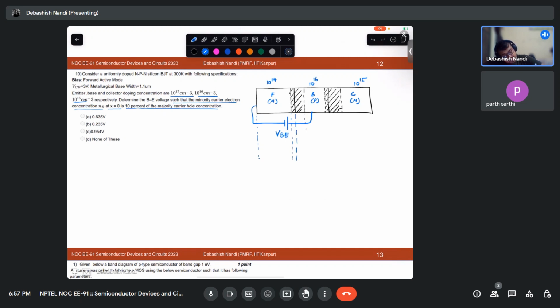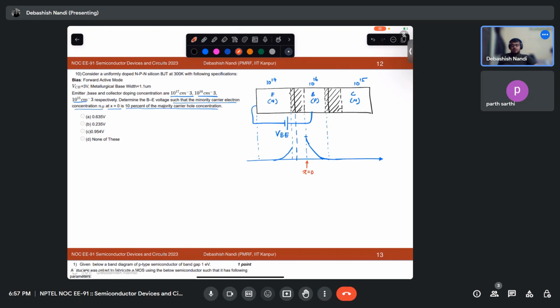Okay. So if we draw the excess carrier concentration profile, we will have something like this. It will be like that. And this is generally considered as your x equal to 0 point.